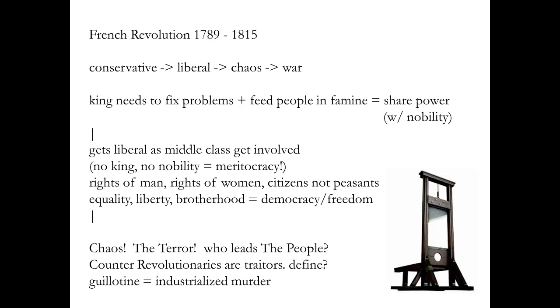Uh-oh. So what do I do? I could be arrested as a traitor. I've got an assembly of people. They're going to grab me and then ship me off to the guillotine. Or I say, 100 acres? Please, man. 200 acres. And the nobility are like, wait, what?